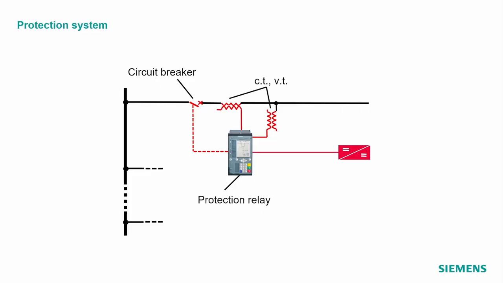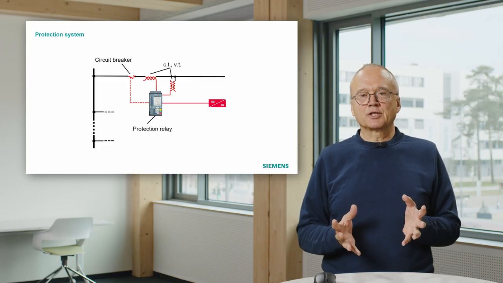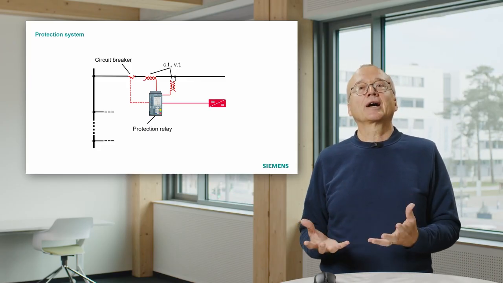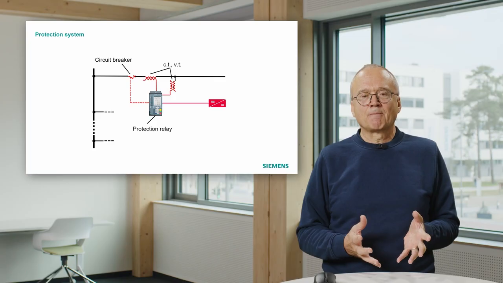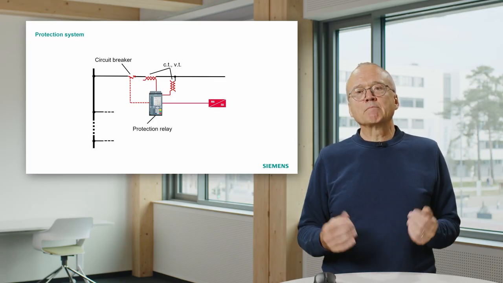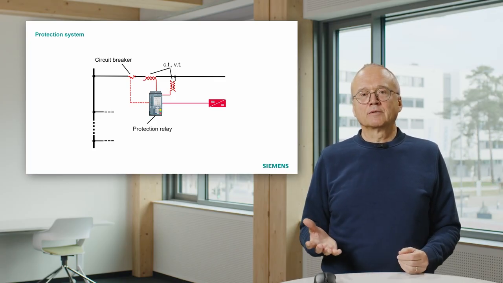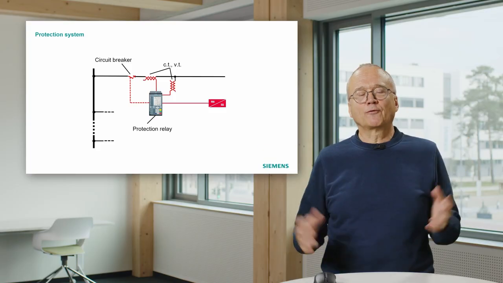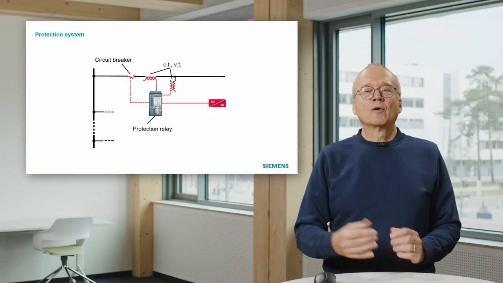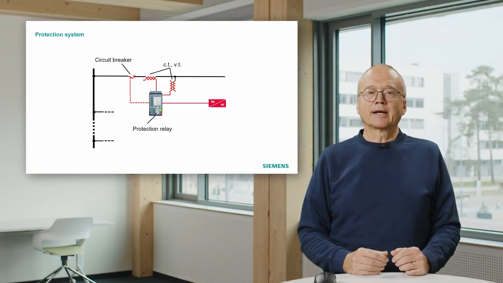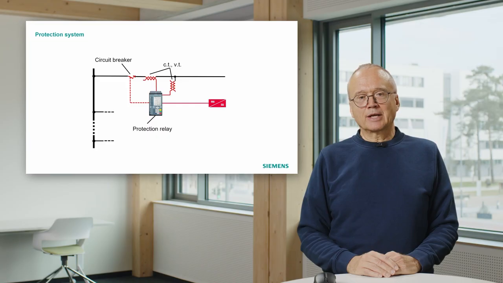Then we see current transformers and voltage transformers here. Why do we need that? The protection relay has to measure currents and voltages on the line to decide is there a short circuit or not. But as the line may have 20 kV, 132 kV, 400 kV or whatever, we cannot connect the line directly to the protection relay.